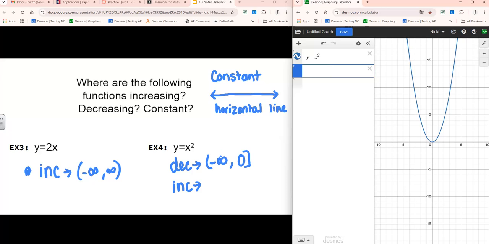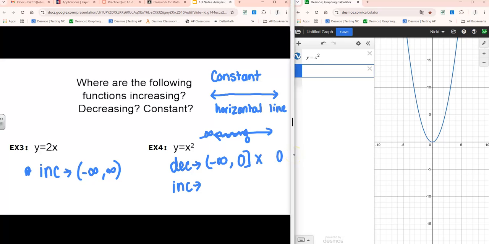So if I've got from negative infinity to 0, like on the number line, you got negative infinity over here, you got 0 right here, and we're talking about everything here below, right? So that would be like x and 0. Would I use a less than or equal to or a greater than or equal to for that?